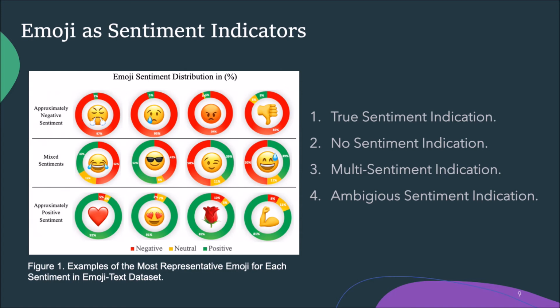In Figure 1, the analysis shows the relationship between particular emoji and the sentiment of the text. It's clear that some emoji are overwhelmingly negative indicators, as the ones in the first row. Others are mostly positive indicators, as the ones in the last row. Also, there are some that are mixed in their sentiments, as the ones in the middle row.